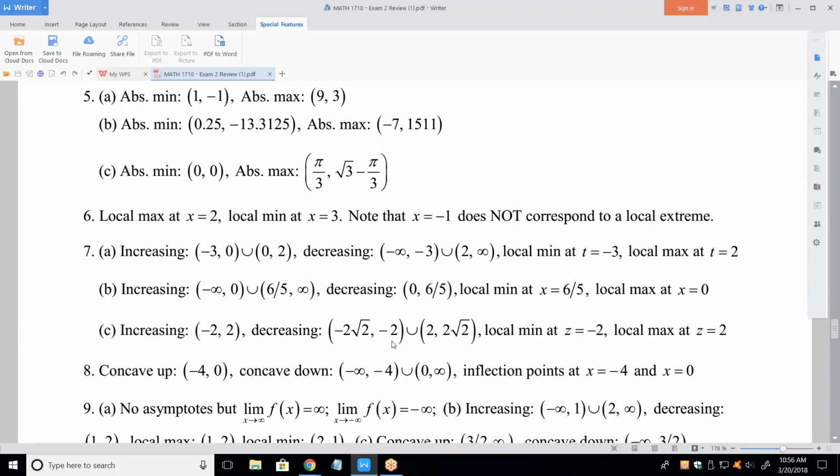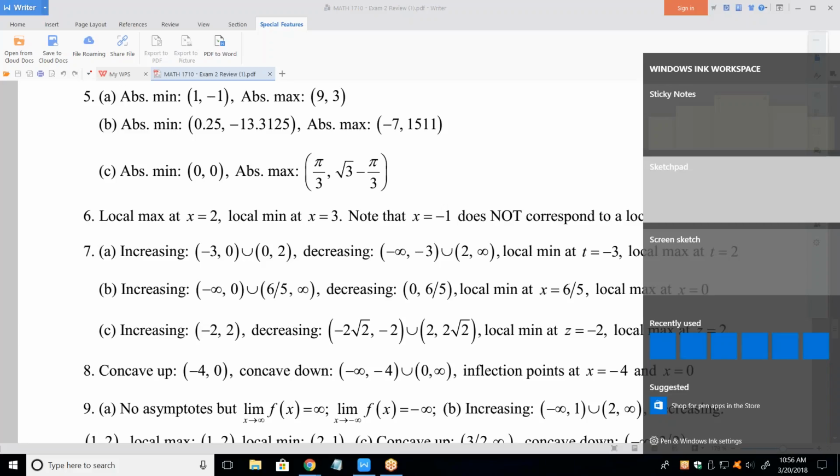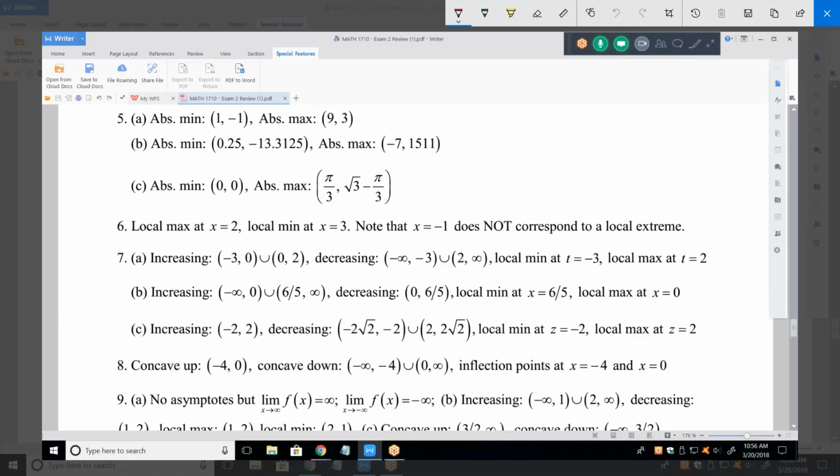So they have a chart that looks something like decreasing, increasing, decreasing.